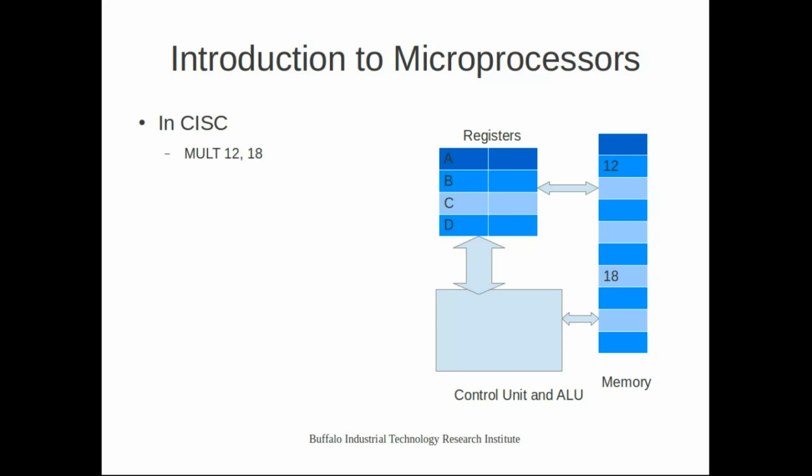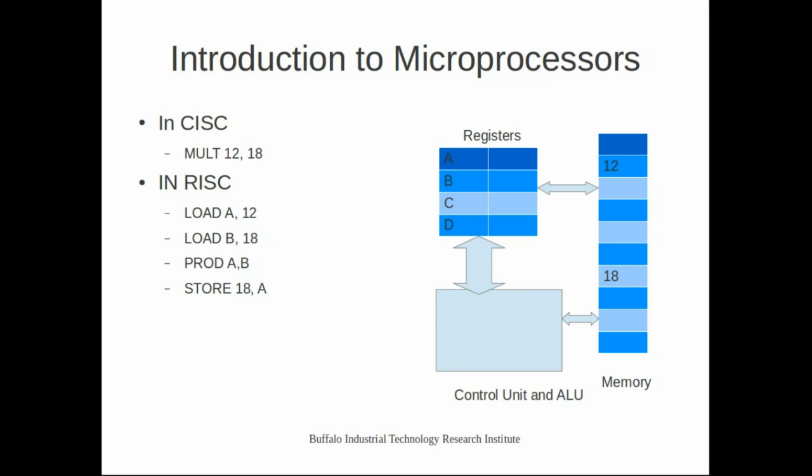The same thing when done in a RISC processor has the following instructions. First, the value in memory location 12 is loaded into register A, and then the value in memory location 18 is loaded into register B. Then the registers A and B are multiplied. Then the result is stored back in memory at address 18.